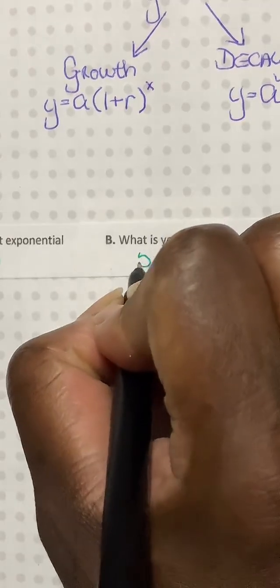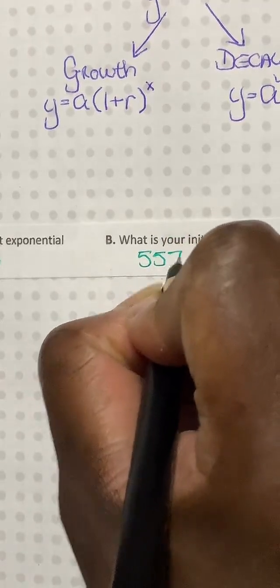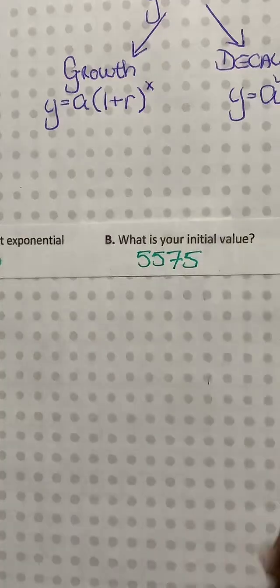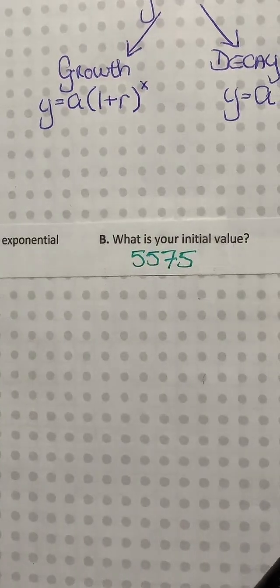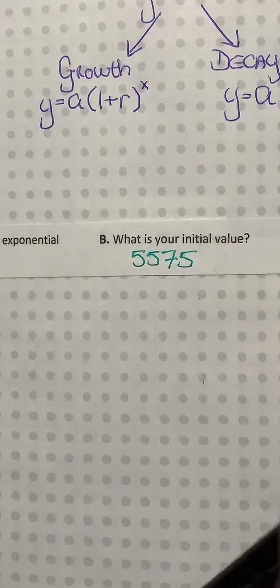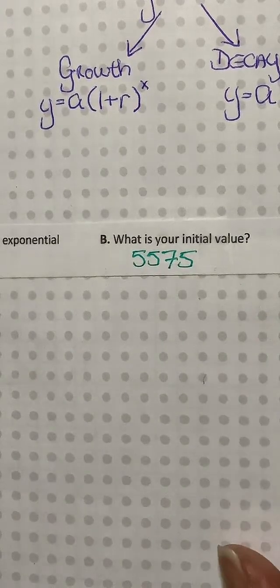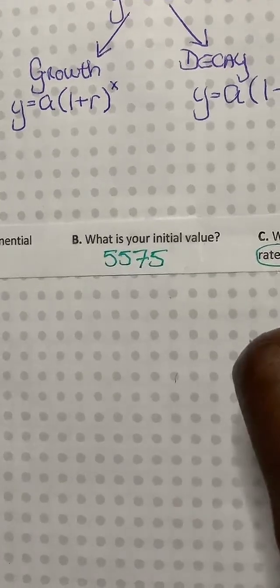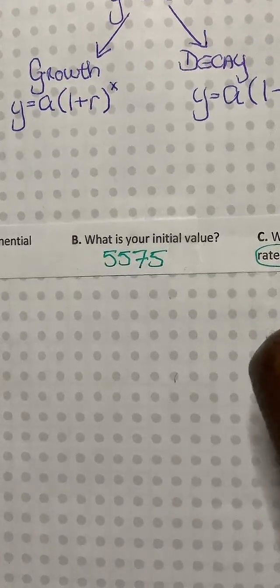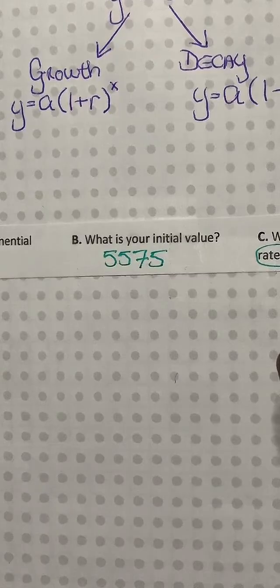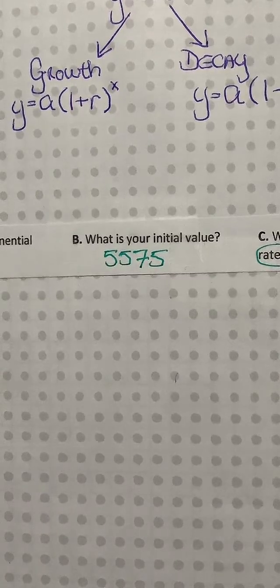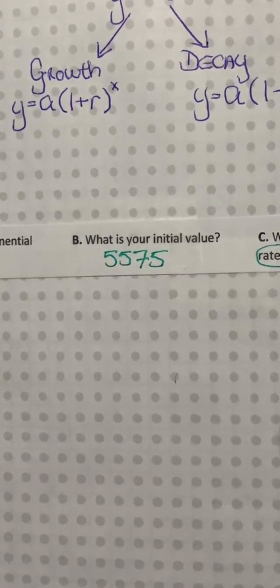My initial value was 5,575. And then when it says, what is the rate of growth or decay? Well, in this case, it will be decay. And what was the rate? That means what was my R? My R is going to be 0.35 or 35%.